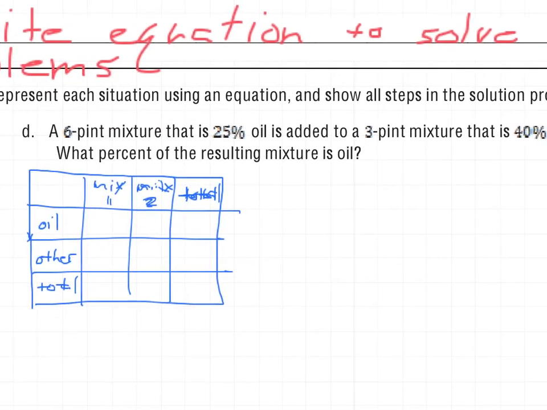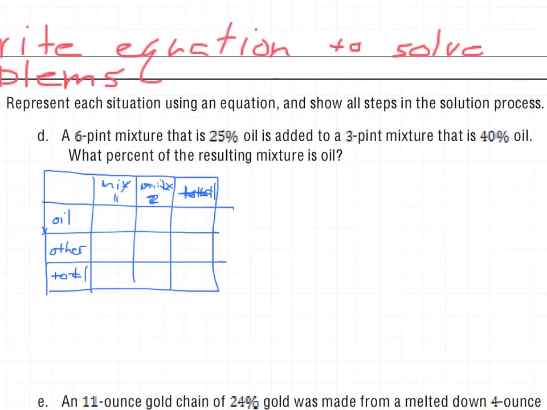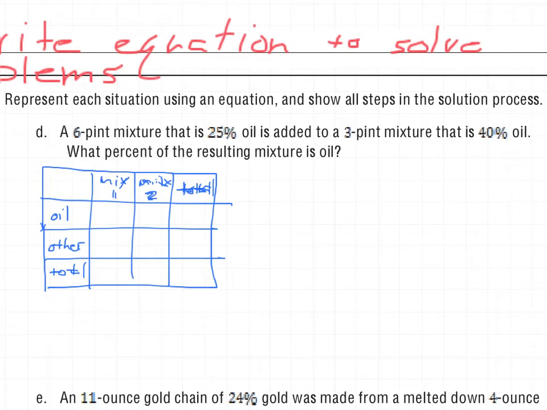All right, so as we begin to fill this one out, we have a 6-pint mixture. So 6 pints is added to a 3-pint mixture, which means we're going to get a total mixture that is 9 pints. The first one is 25% oil, 0.25 times 6. That's going to give me 1.5 pints of it is oil. And the rest of it is actually going to be 4.5, doing some subtraction, or 0.75.